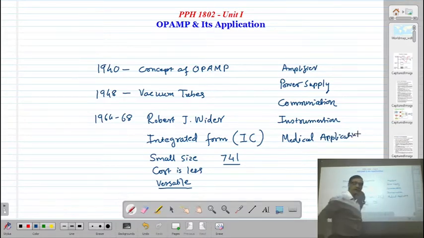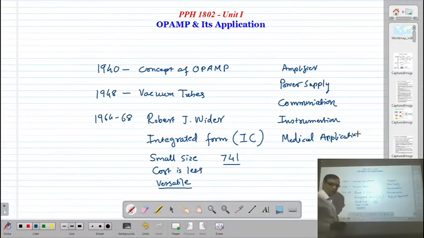So whatever field of electronics we have, in all the fields, the 741, or you can say the operational amplifier, is used. It has a large application. You can say it has infinite applications, and that's why operational amplifiers are very popular for making any kind of electronic circuit. Whether you are talking about an analog circuit or a digital circuit, operational amplifiers are useful. Okay?